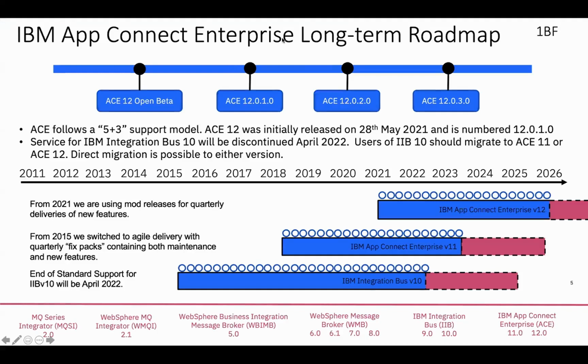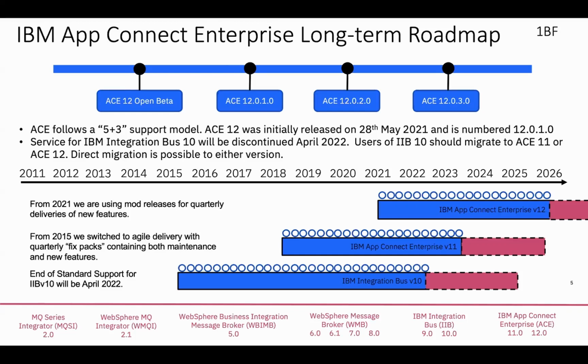So just a quick long-term roadmap. We've released version 12 of ACE, but it's actually called 12.0.1.0. That was the GA version, because instead of using fix packs as we have done recently for version 11 and previously, we're now using mod releases instead.